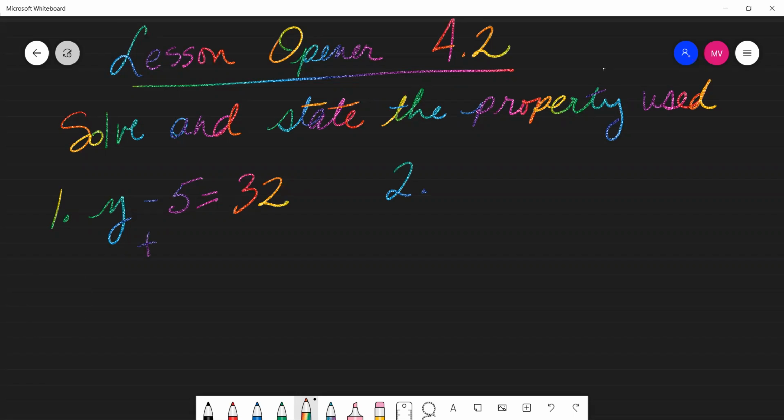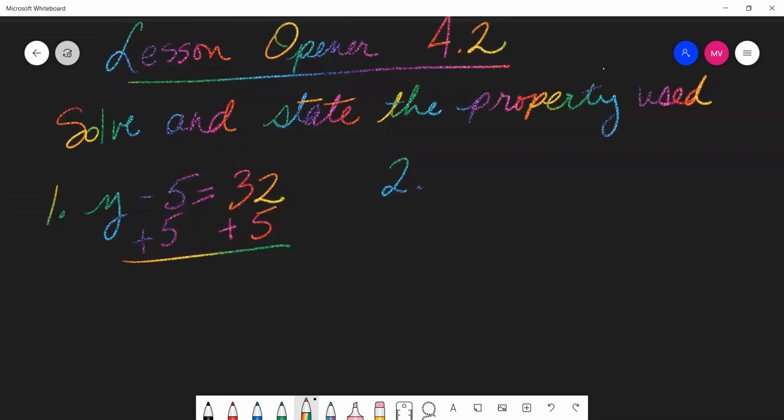Right, we do our inverse operation of whatever's being done to the variable. In this case, we're subtracting 5 from it, so the inverse is adding 5. And if you do it to one side, you must do it to the other. All right, and so y would equal 37. So there's our solution.